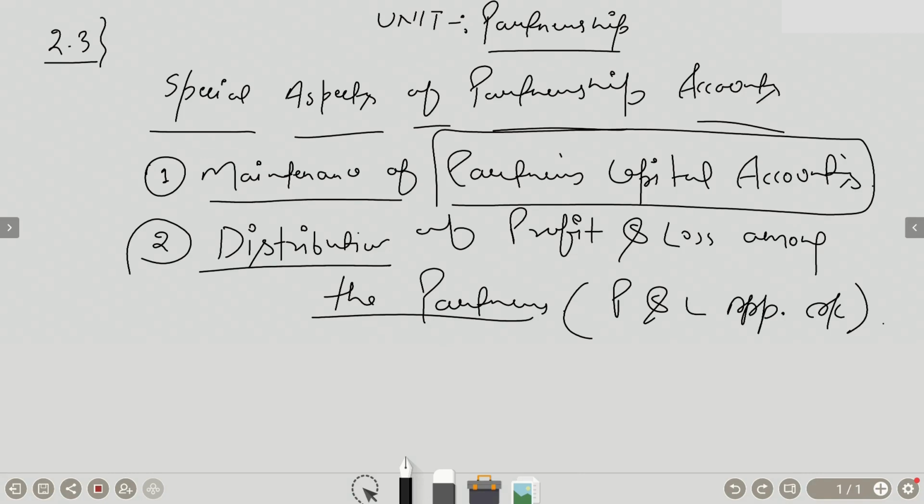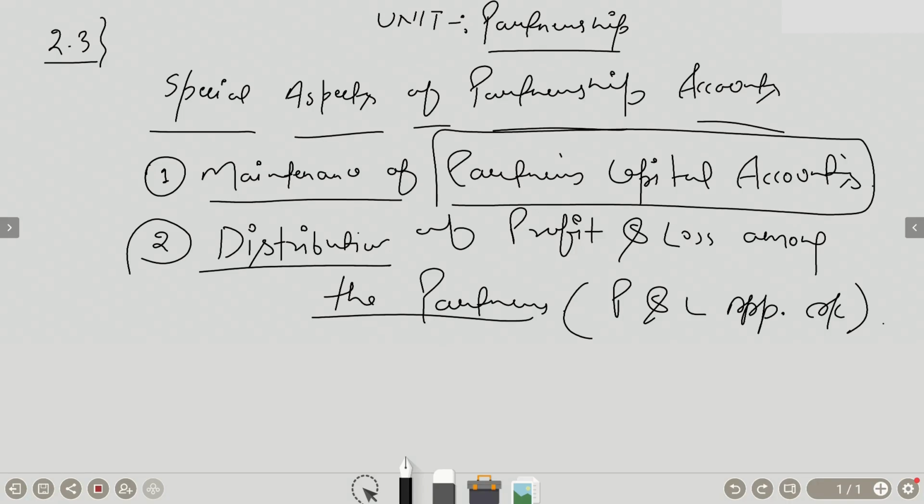Because in partnerships, all the partners do not have equal profit sharing ratios. There may or may not be. So for that, we have to keep a record of which partner gets how much profit.